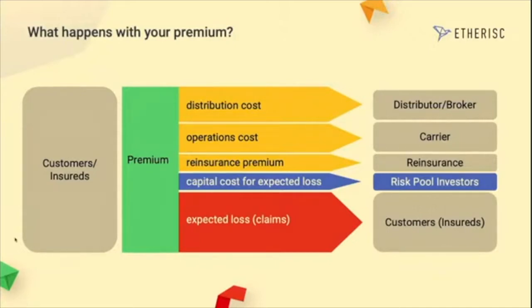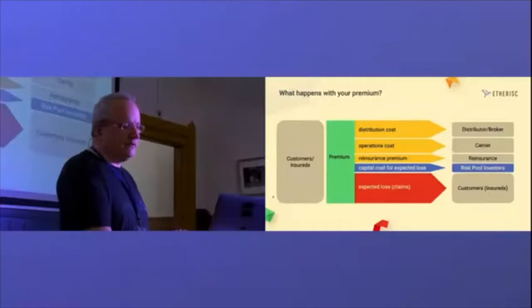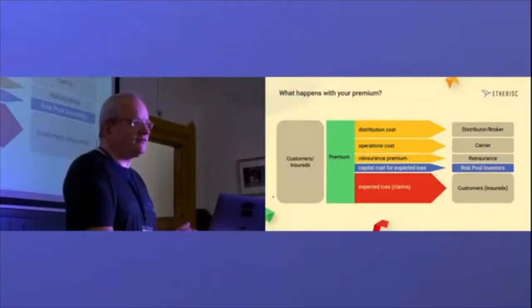Then, after you have subtracted the pure operational cost and distribution cost from the premium, you will pay some capital cost for people who provide capital in the risk pool, a premium for locking their capital in this pool. And this is the blue part, capital cost for expected loss. And the remaining part of the premium is only used to pay out the claims.